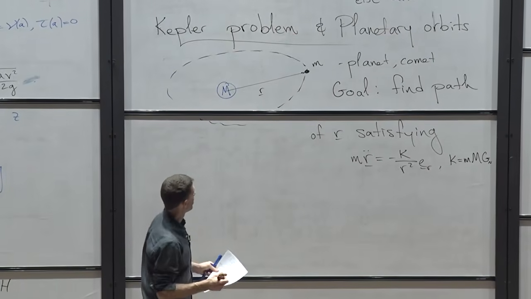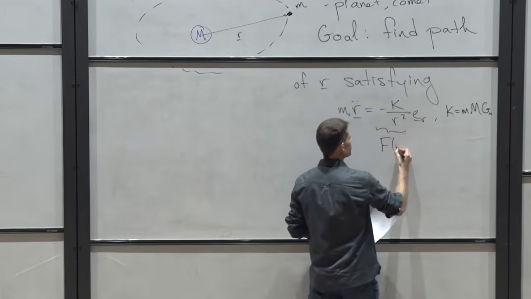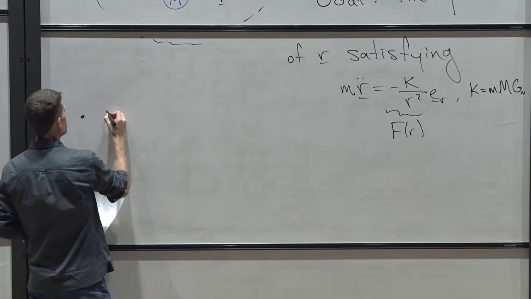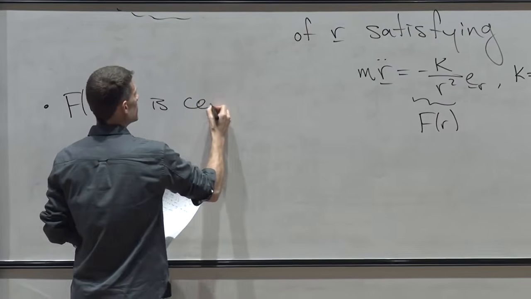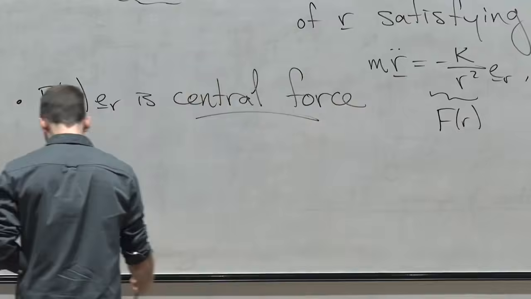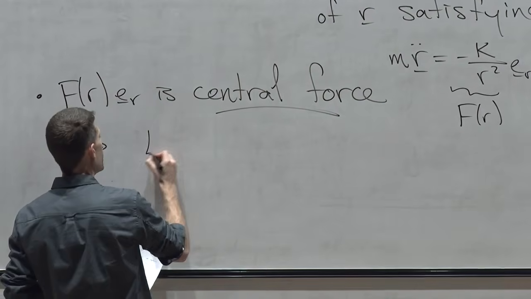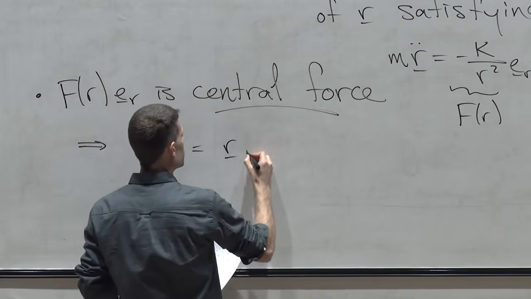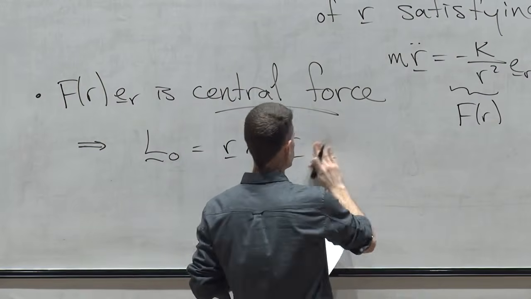Right, so if I define this just for notation as, say, capital F of R, that's our central force. So right away, we can conclude, based on things we've said in previous lectures, that this angular momentum about the object at M, the origin, r cross M r dot, is constant.